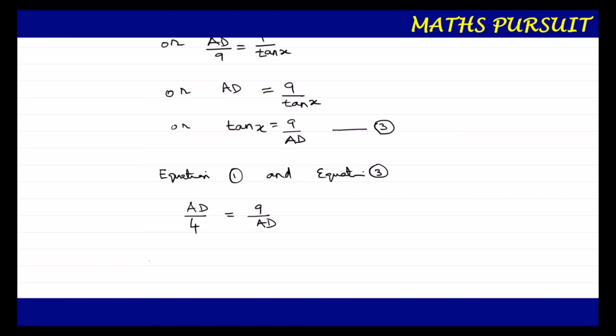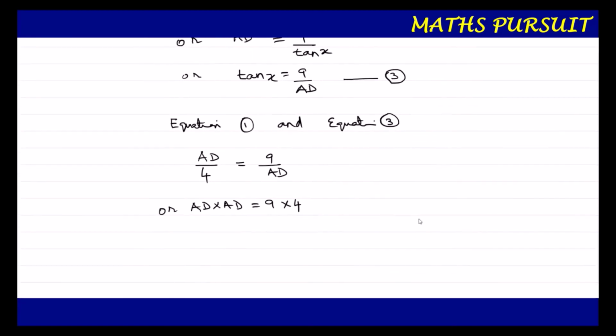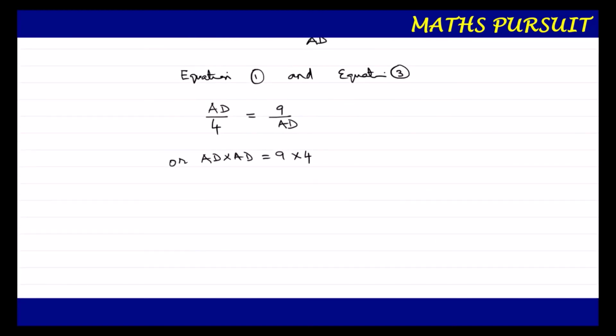Or in other words, I can write AD into AD is equal to 9 into 4, just doing a cross multiplication. Or in other words, I can write AD square is equal to 36, or I can write AD is equal to root over 36, or I can write AD is equal to 6.